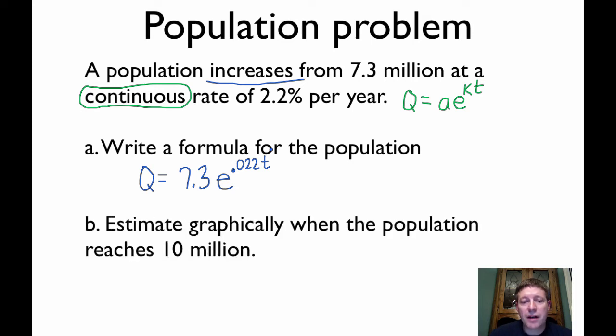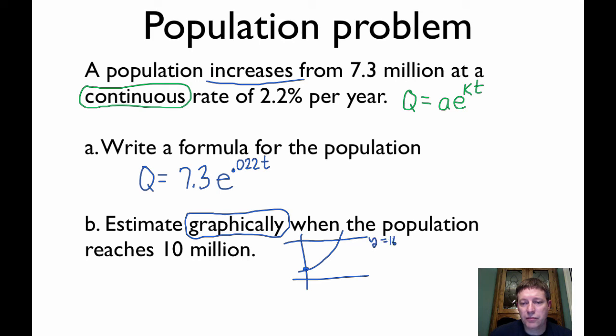And then estimating graphically when the population reaches 10 million. Graphically means we graph it on our calculators, and if you followed a previous lesson, you know that if it's starting at 7.3 million right there and it's growing exponentially, it's going to be doing something like this. And we can just graph y equals 10 here.